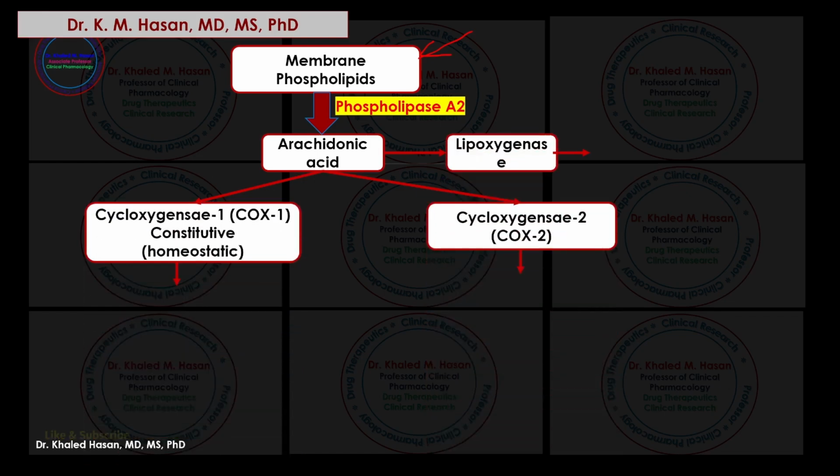This will lead to two main pathways. The first pathway is lipooxygenase, and the second pathway is cyclooxygenase. For cyclooxygenase, as you can see here, we have cyclooxygenase 1 and cyclooxygenase 2.